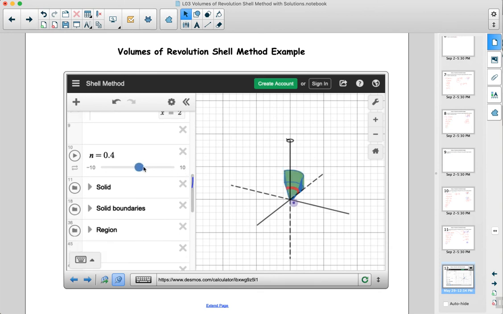So we're going to just start rotating it around, and you see how it's sort of filling in. I don't really need to go that far. Let's move it a little bit. And then if I grab that and just move it around, so you can see how it's creating shells, and you can see how that one's working.